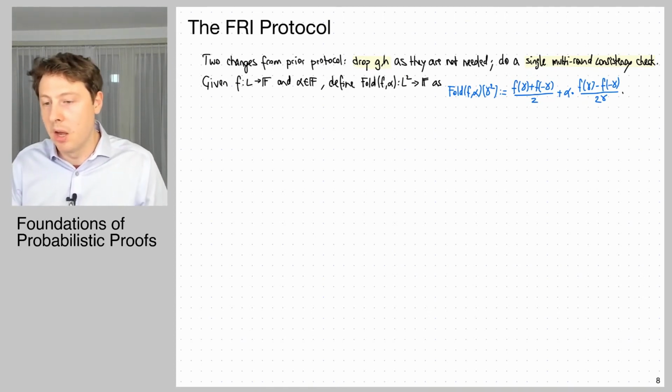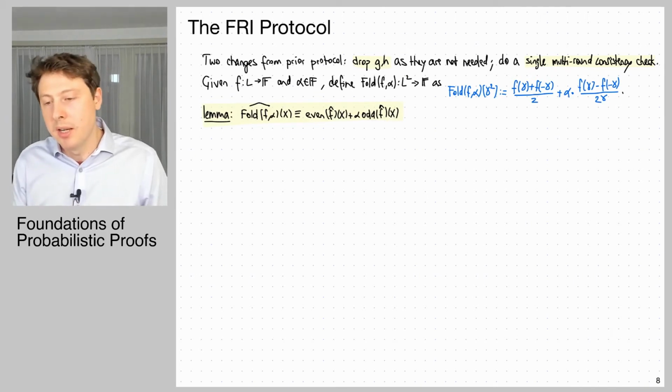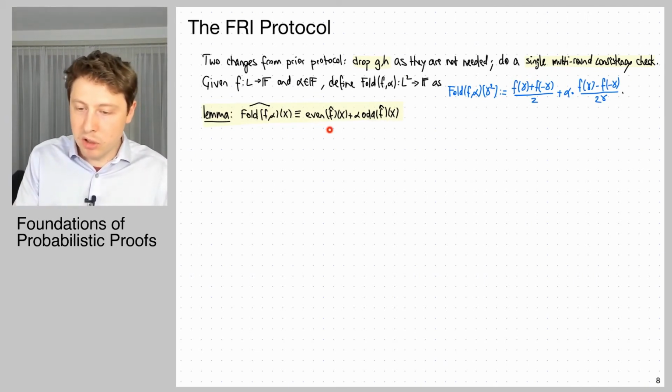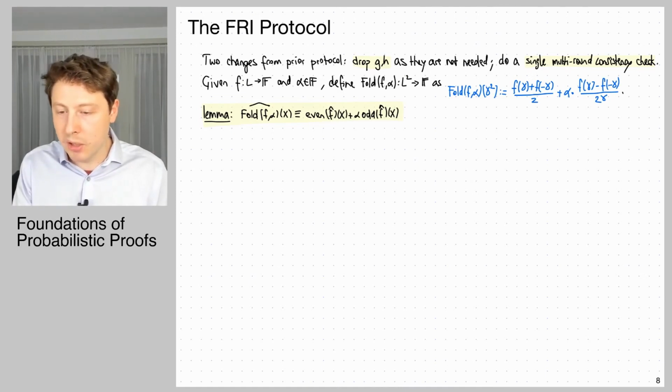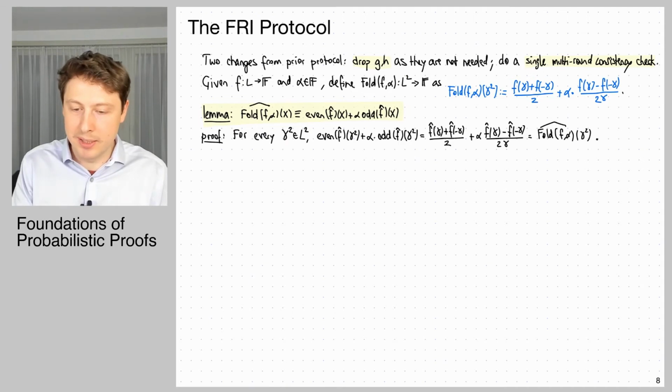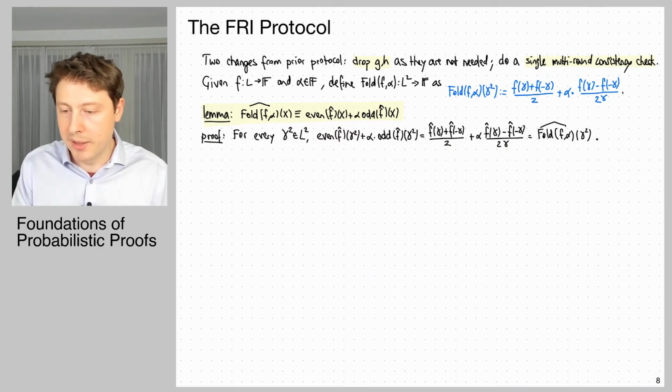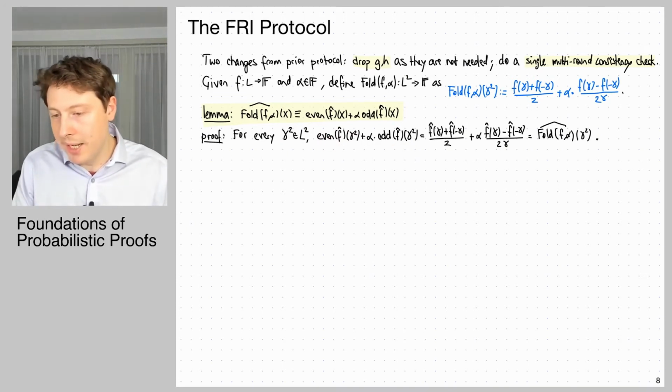Okay? Why this one? Because this is the evaluation of the polynomial that corresponds to the even and odd coefficients. Why? Well, for every square, it's easy to check.